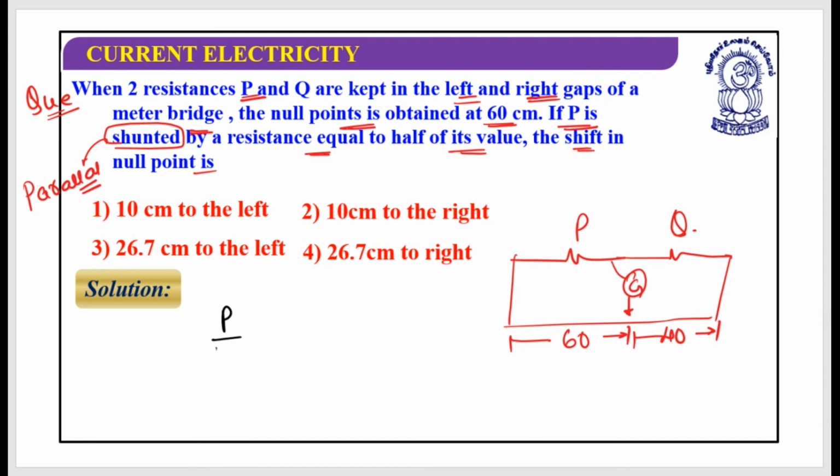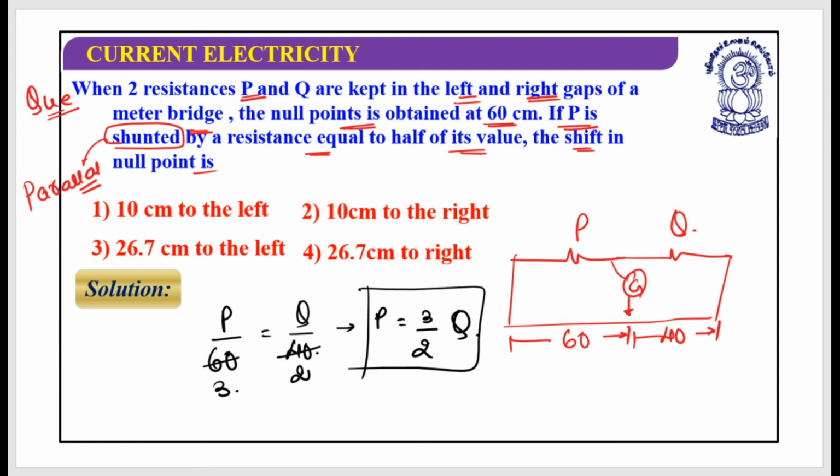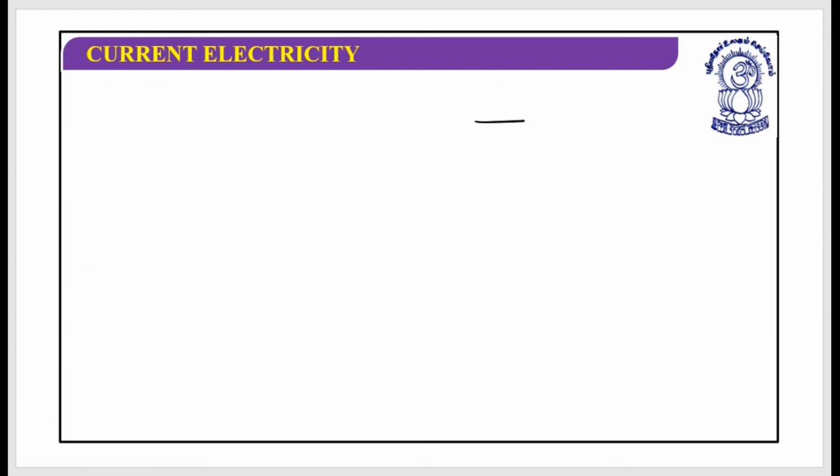P by 60 should equal Q by 40, so P equals 3 by 2 of Q. Now, if P is shunted by a resistance equal to half of its value, the situation is that this is, let's say, X, and it has been parallelly connected by X by 2. This was Q.